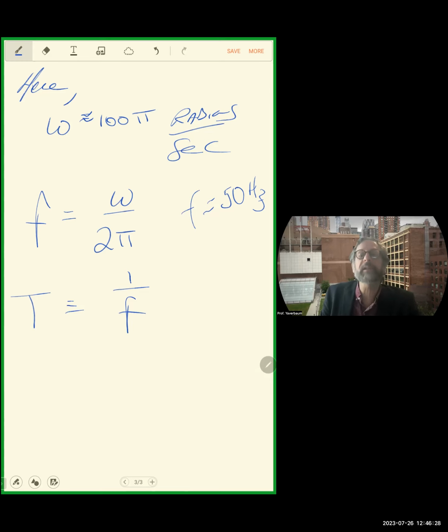Number 2, now it's asking something about time, but let's read the question closely. It says, how much time will elapse before the very first time the capacitor is entirely empty of charge? It doesn't ask how much time until the capacitor returns to its initial value of 20, right? It asks how much time until it's empty of charge, till the charge value is 0, till the graph hits the x-axis.